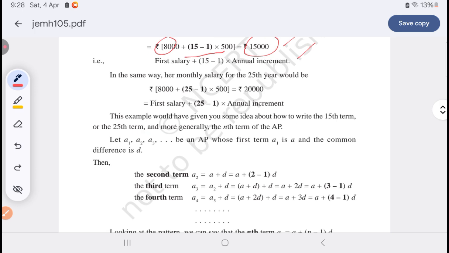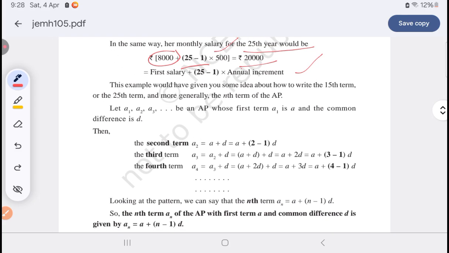With the same logic, you can find the 25th year salary. The starting salary is 8,000 and the 25th salary is 25 minus 1 times 500, the increment. So the 25th year salary is 20,000. This example gives some idea about how to write the 15th term and 25th term, or the more general form, the nth term of the AP.